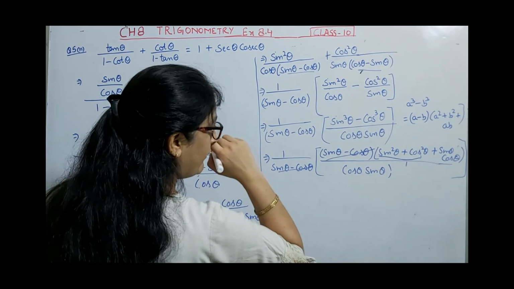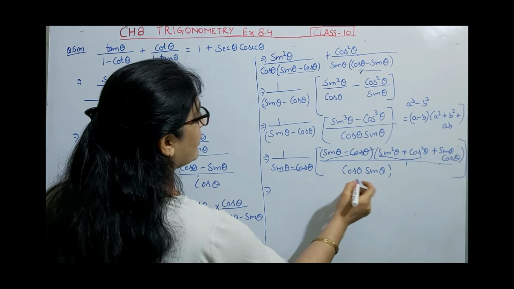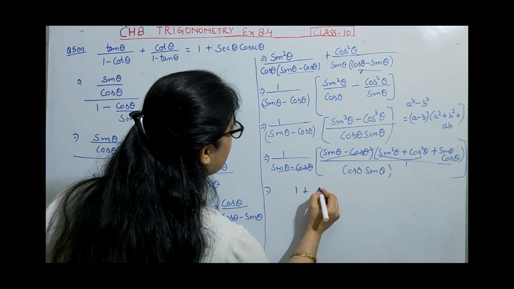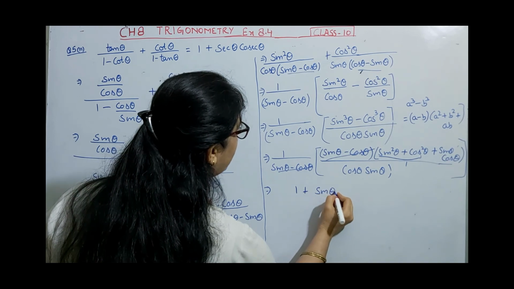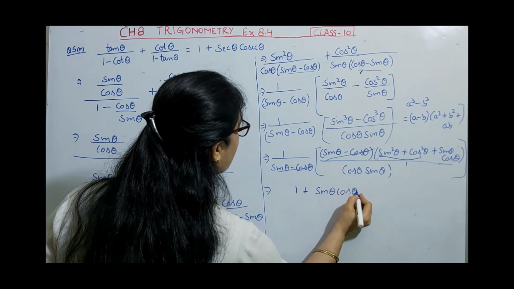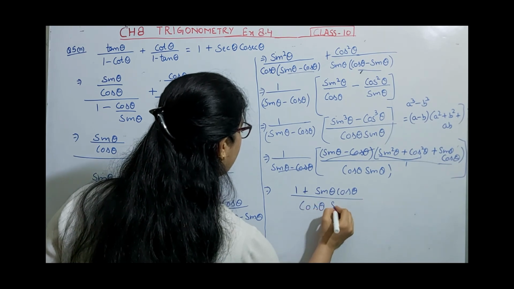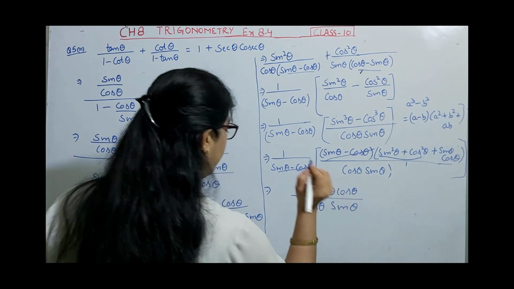So what we are left with? 1 plus sin theta cos theta divided by cos theta sin theta.